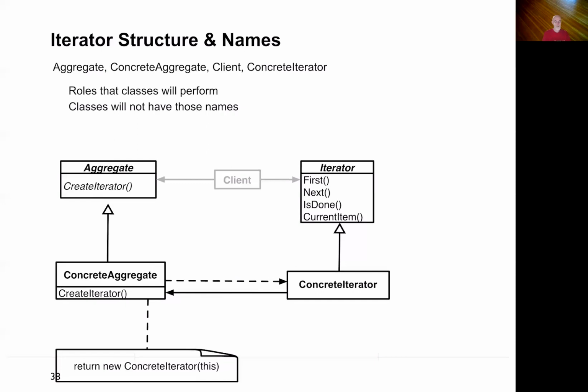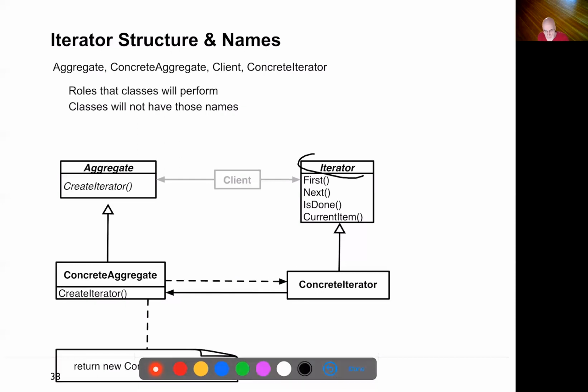Java does not have a class called aggregate. Does not have a class called concrete iterator. So often when students start implementing patterns, they start using names from the structure that are meant to be generic rather than specific. There are a few cases where the pattern uses names which would carry over to implementation, but often it does not, right? So for example, the only name in this pattern that carries over to Java is the name iterator.